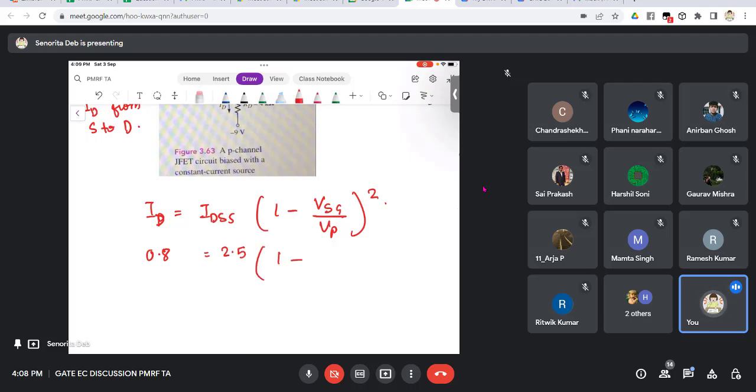Here 1 minus VGS upon VP, which is 2.5, squared. Let me write VGS only here, VGS squared. So now what will you do? You just solve this. 0.8 divided by 2.5 is 0.32.